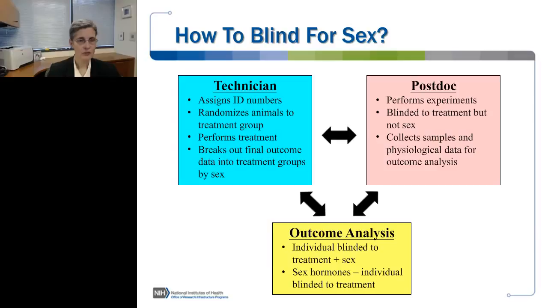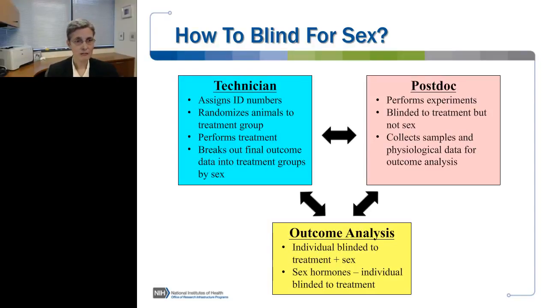We started out with a technician who would assign ID numbers to the animals and then randomize the animals to the various treatment groups. The next person in the chain would then take these animals, not knowing what they had been treated with or how they had been manipulated, and doing additional experiments, in our case, the middle cerebral artery occlusion model.